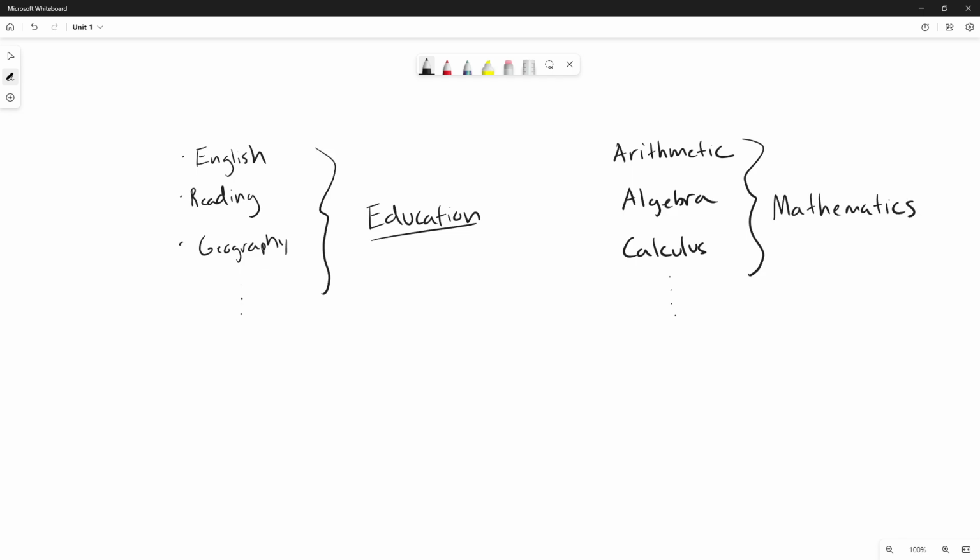In the way that education is comprised of many subjects, mathematics is comprised of many topics within the subject. Now this can be named many different things. They can be named topics, subfields, just fields generally, and many other things. But the important thing to note is that they are contained within mathematics.